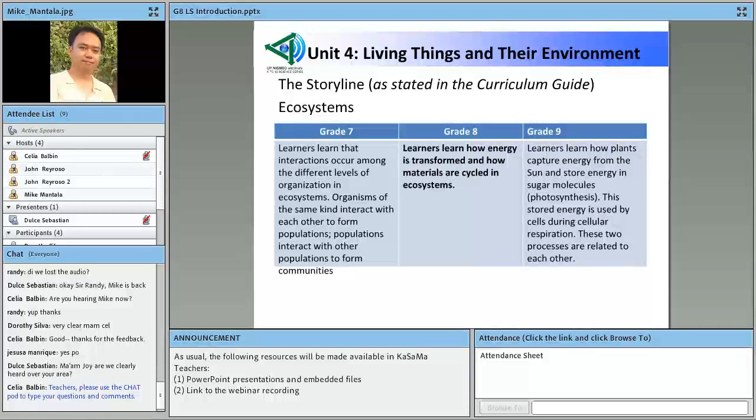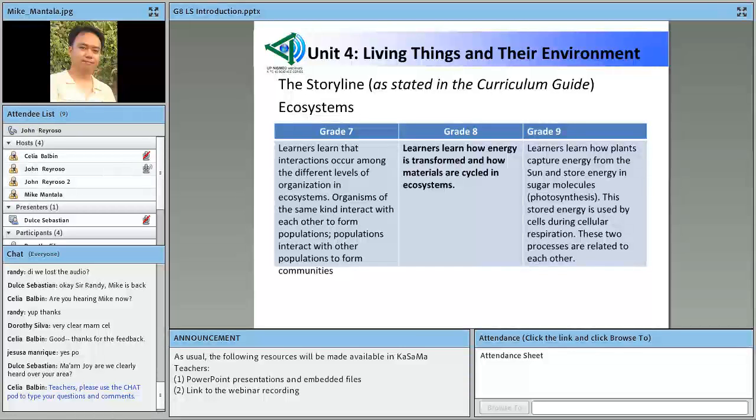These are interactions taking place within an organism. Then there's interaction beyond the level of the organism. I'm referring to populations and communities.